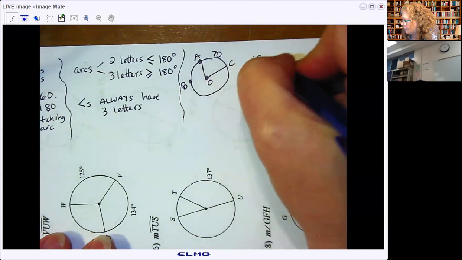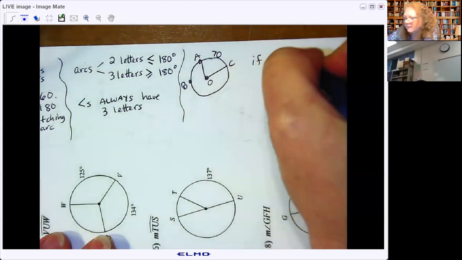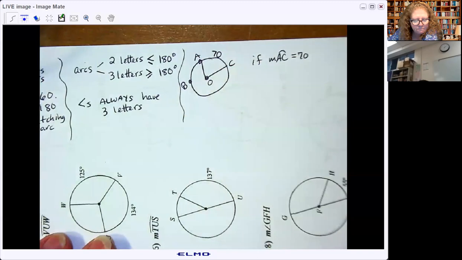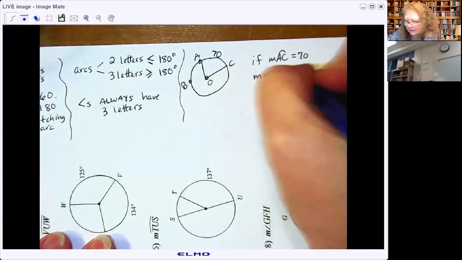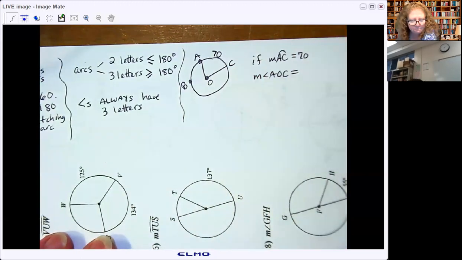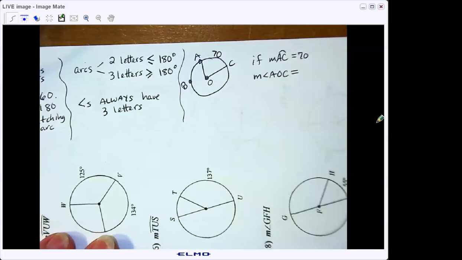So if the measure of arc AC equals 70, find the measure of angle AOC. So put it in the chat box. Angle AOC.